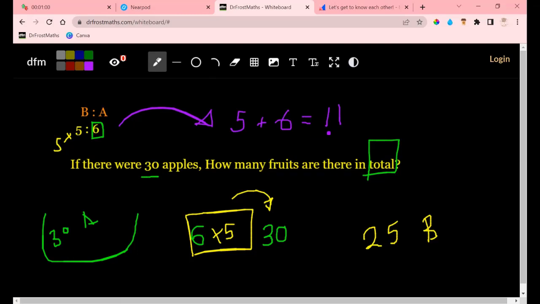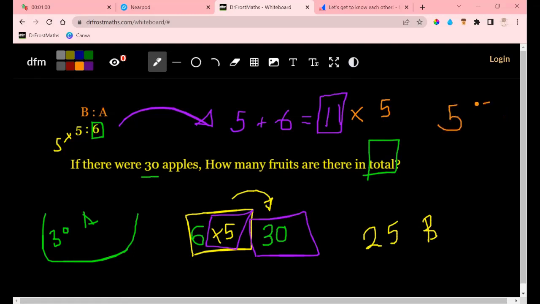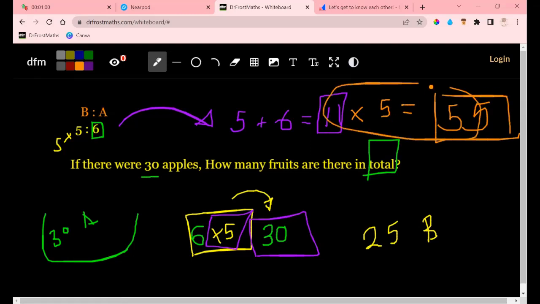So the total number of parts in the fruit basket is 11. Now, using the same method, we multiply 11 by 5. So actually, there are 55 fruits in the basket.